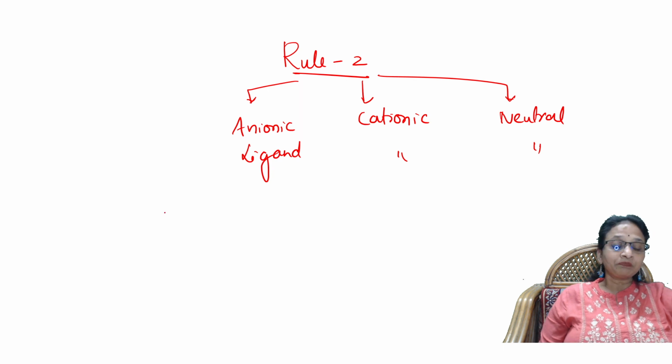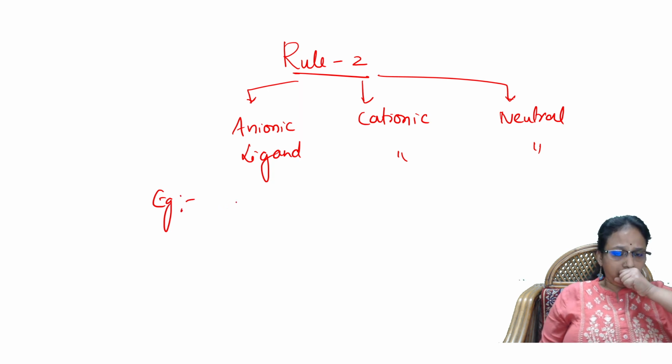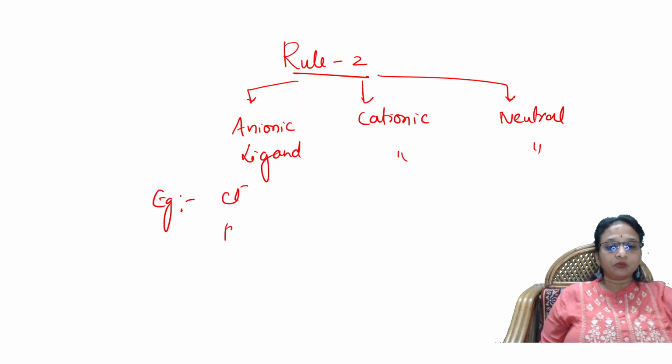For example, if I take an anionic ligand, like chloride, bromide, iodide, cyano, what are you going to do? You are going to name the anionic ligand, for example chloride, by substituting IDE with O: chlorido.